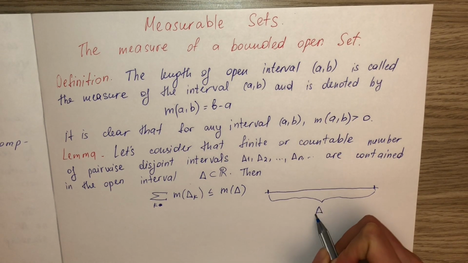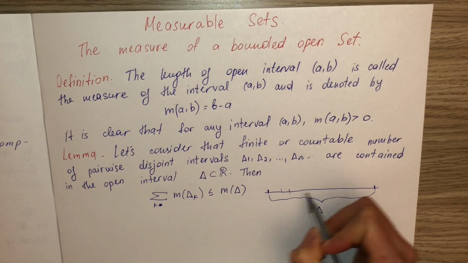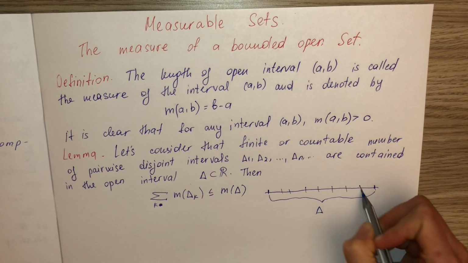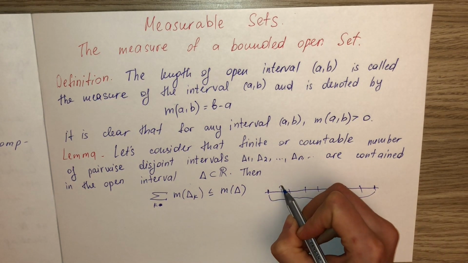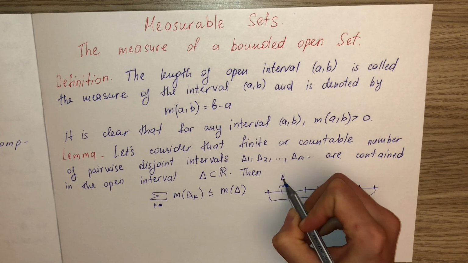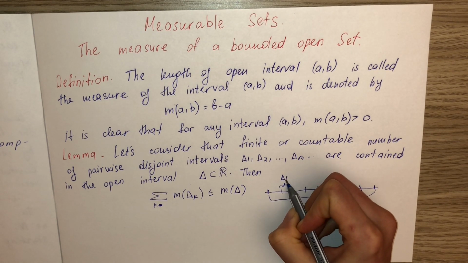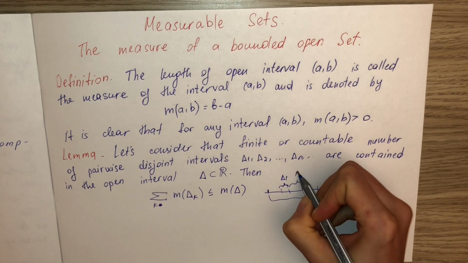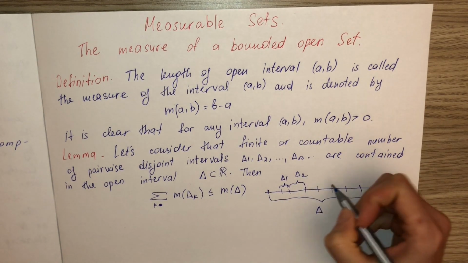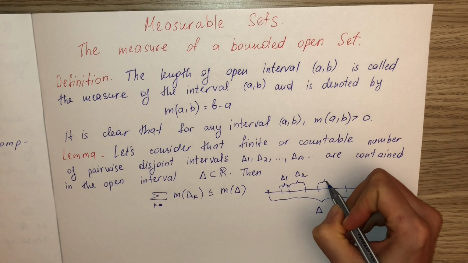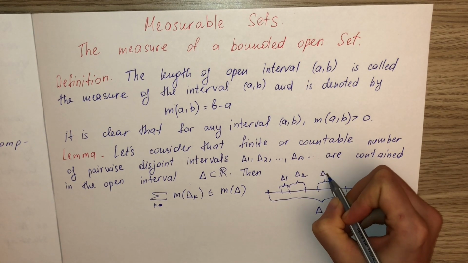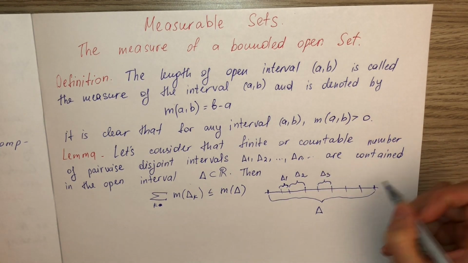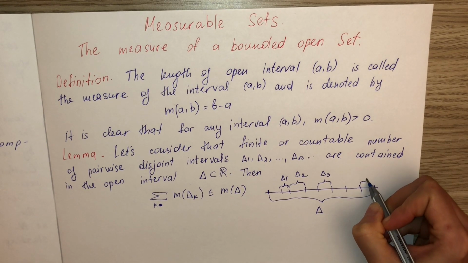And these are pairwise disjoint intervals: delta 1, also the disjoint interval delta 2, another disjoint interval delta 3, and so on, let it be delta n, for example.